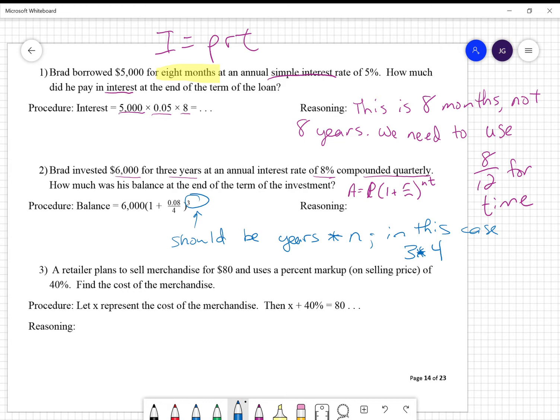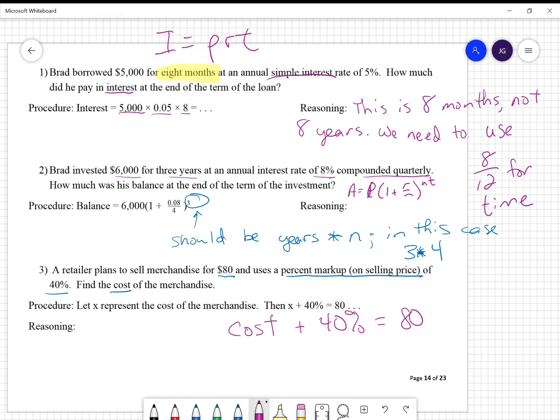A retailer plans to sell merchandise for $80 and uses a % markup on selling price of 40%. Find the cost of the merchandise. So if X represents the cost of the merchandise, then X plus 40% equals 80. So cost plus 40% equals 80.